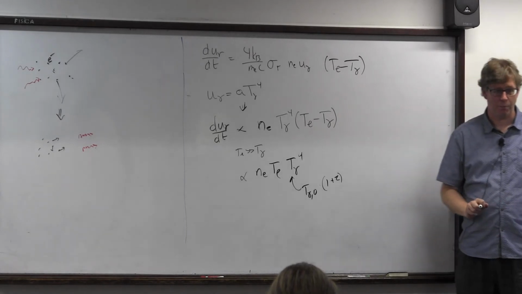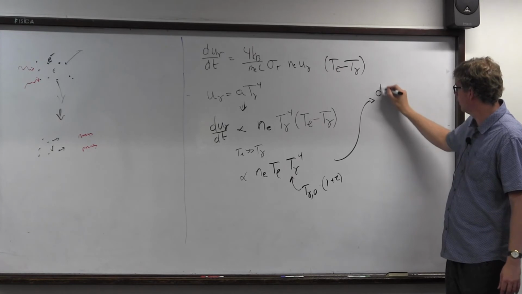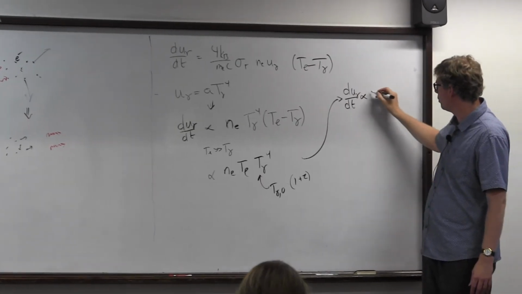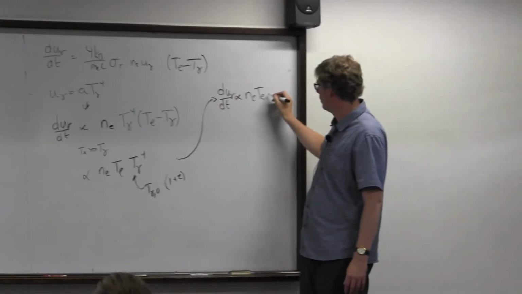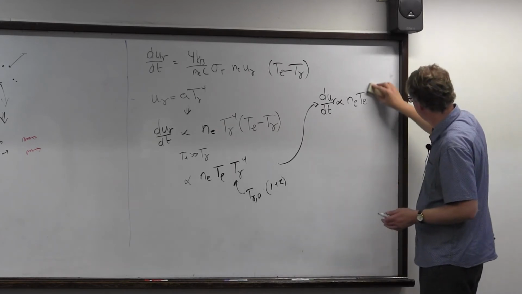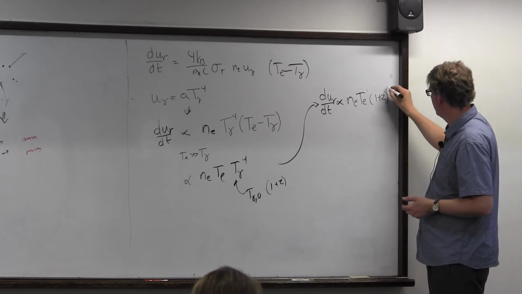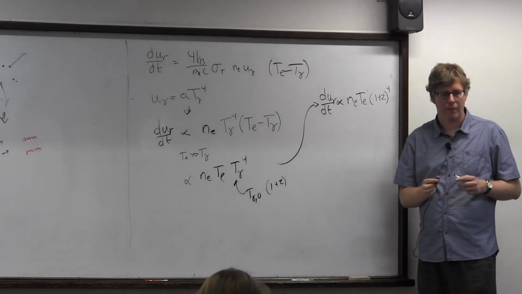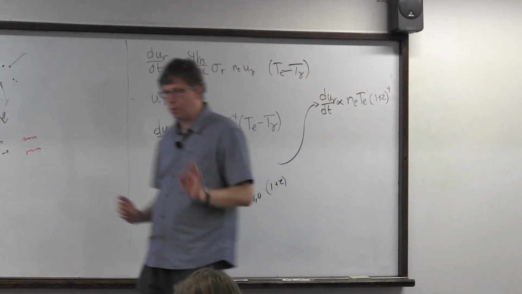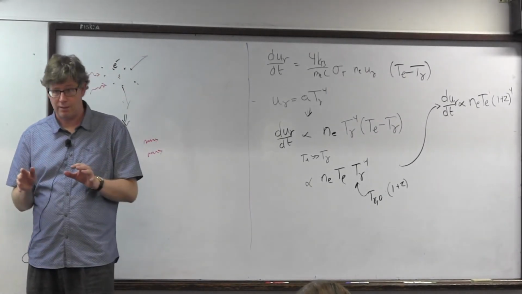That's the evolution of temperature which we did the first day. So that means that our energy loss is going to be proportional to n_e T_e, T_gamma,0, well, that is not so important, it doesn't change, and then 1 plus z to the 4th power. And those are the two crucial things. One is that it depends on the density to the first power, so it's really efficient even at low densities.